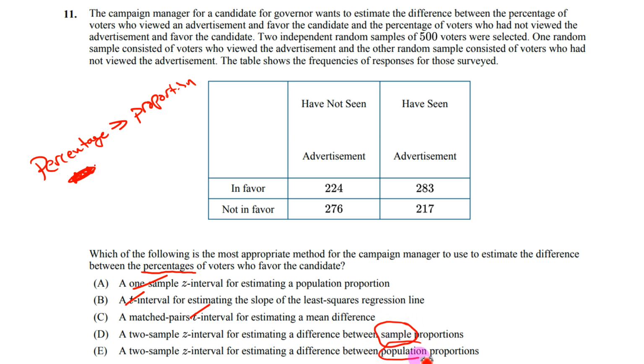We're always trying to estimate the difference in population proportions. Estimating sample proportions doesn't give us any information. We have two samples that we can just literally subtract from each other. We're trying to estimate and forecast the difference in the actual population proportions.